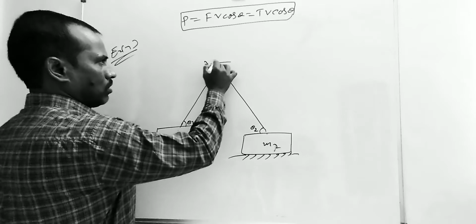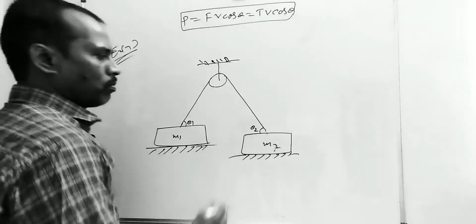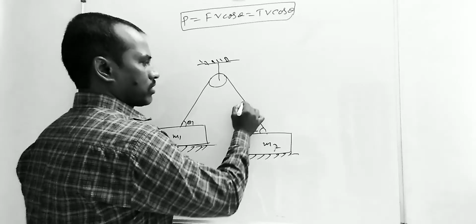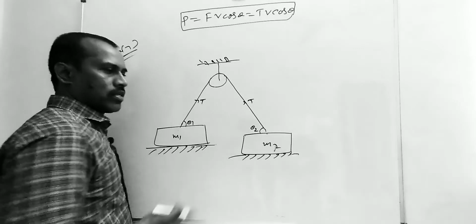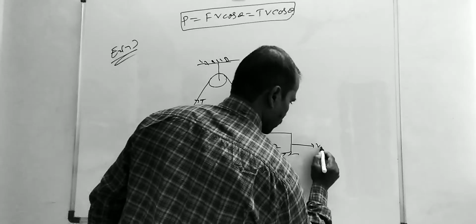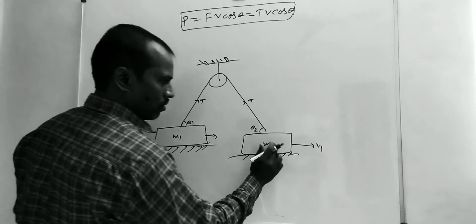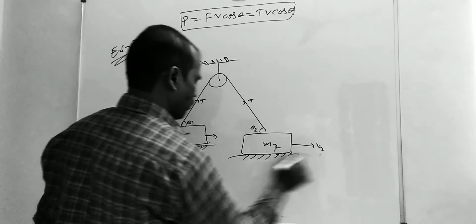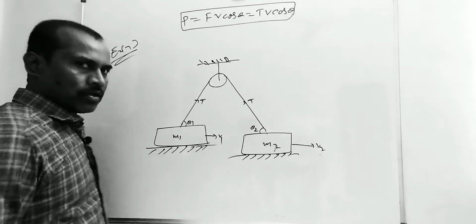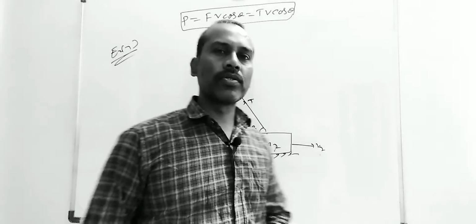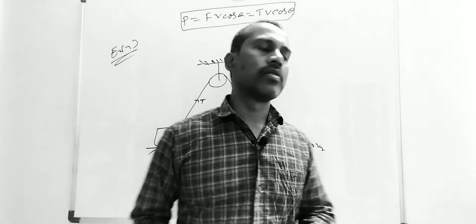The string is rigid. The tension in the string is T, the same string, so the tension is T throughout. M1 moves in the forward direction with velocity V1, and M2 moves with velocity V2. Now the tension force resolves into T cos theta and T sin theta.